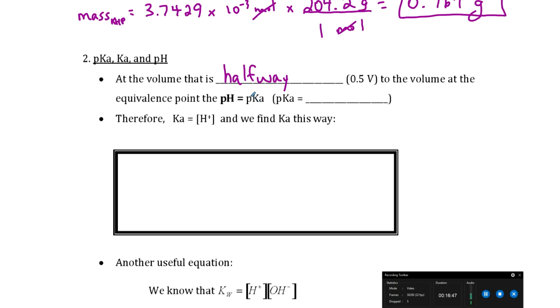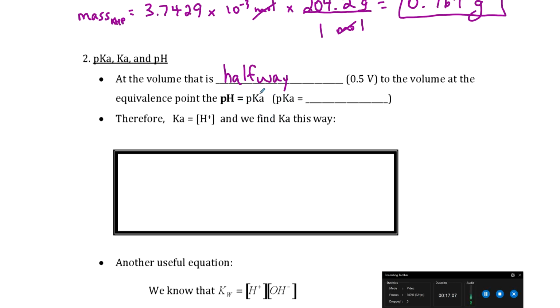Now, the reason we use things like pH or pKa or pOH is they're much, much smaller and easier to understand numbers compared to, say, Ka or the hydrogen ion concentration or the hydroxide ion concentration.